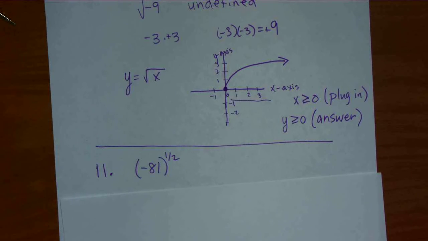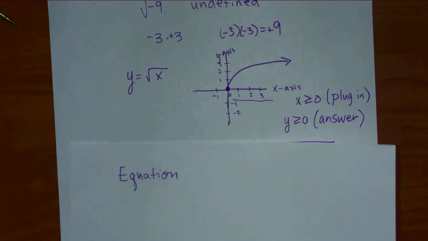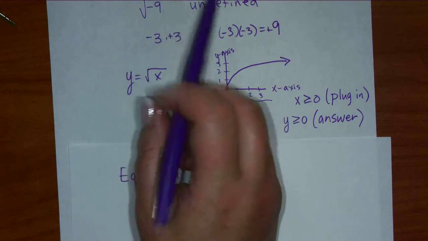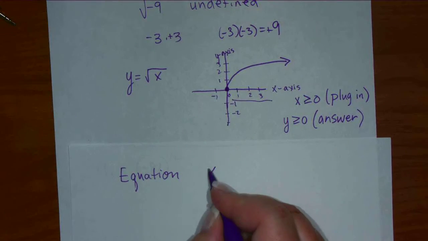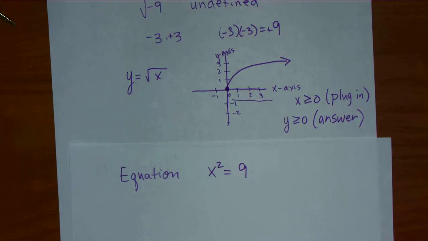That's when you're solving an equation, and we're going to do that later. I'll show you now because you're asking. If there's an equation, rather than just an expression like we have now, where we're just solving a square root, this you would just say undefined, that doesn't work, and this one is 3. Now if you had an equation, x squared equals 9, this can be both plus and minus 3. Why?